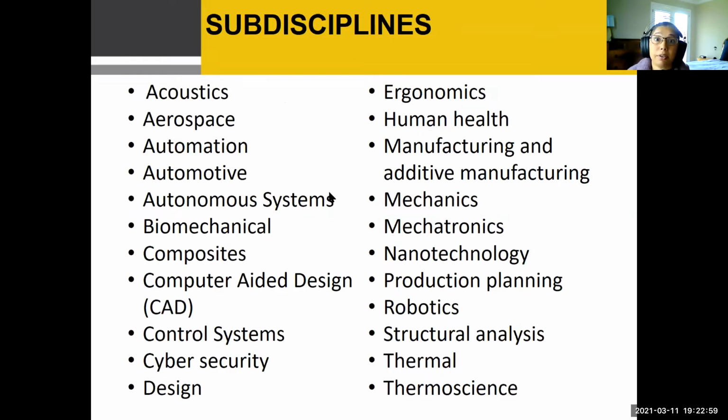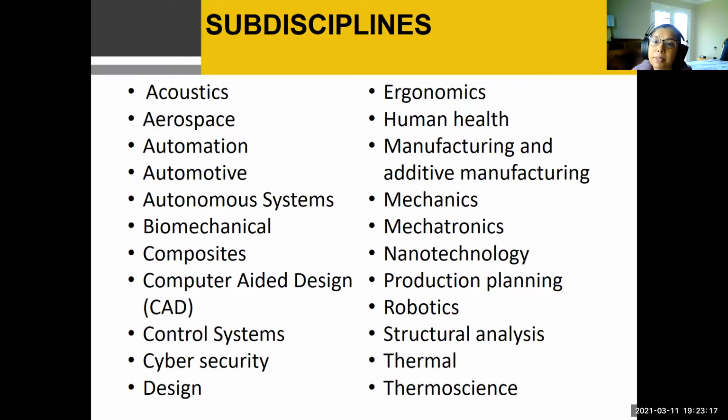So here's a more thorough list of all the different fields that you can find mechanical engineers in. And I'm not going to talk about all of these because some of them you looked at in your obscure engineering disciplines talk.